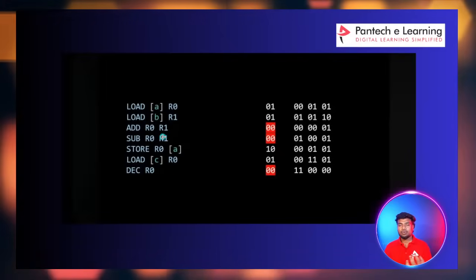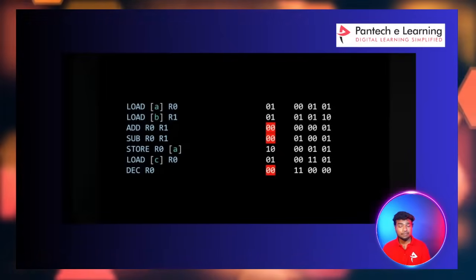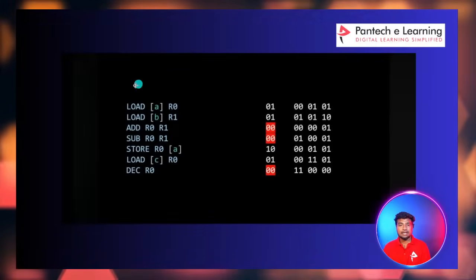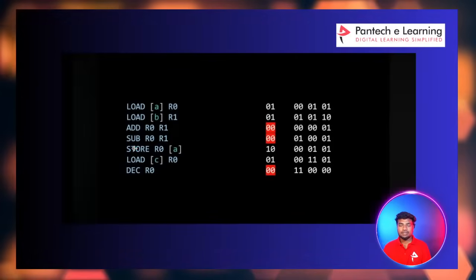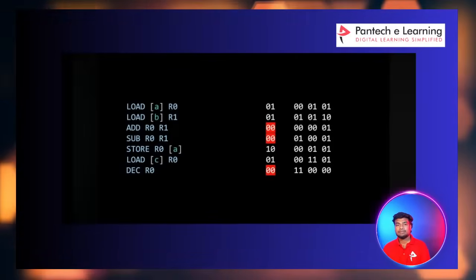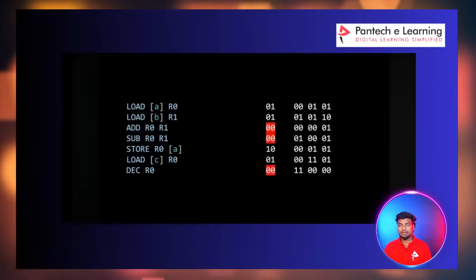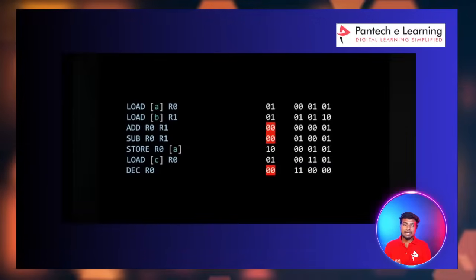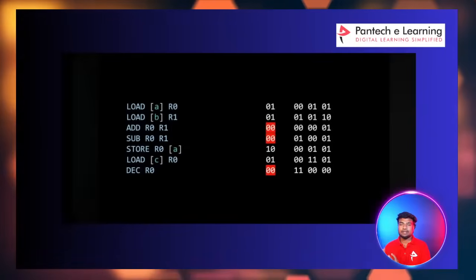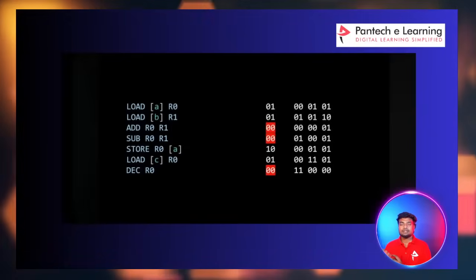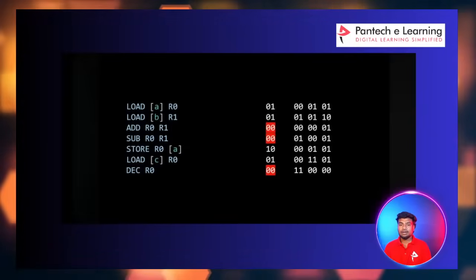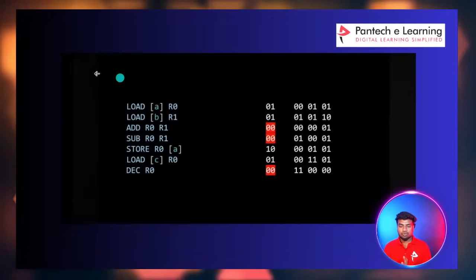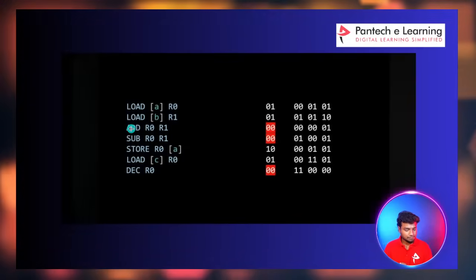If you are using ARM architecture, it has its own assembly language code. If you are using RISC-V, it has its own instructions and assembly language code. The main thing is that high level language code like Python, C++, or SystemVerilog is converted into assembly language.